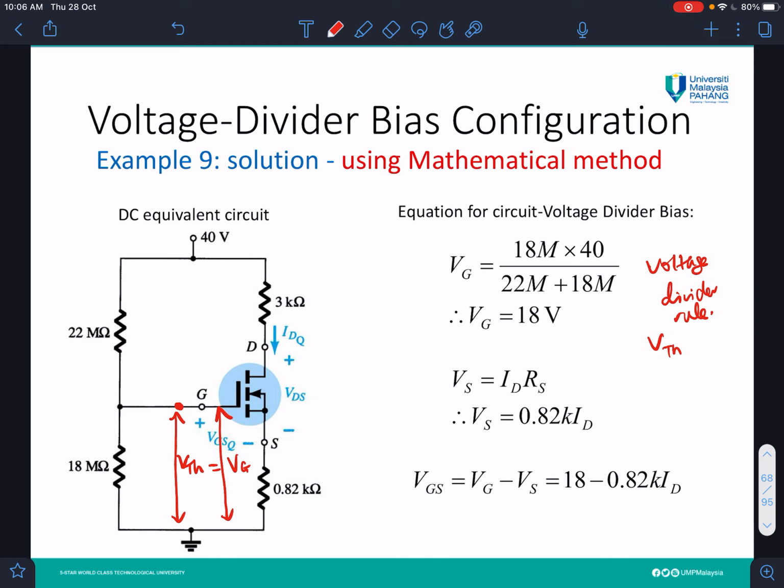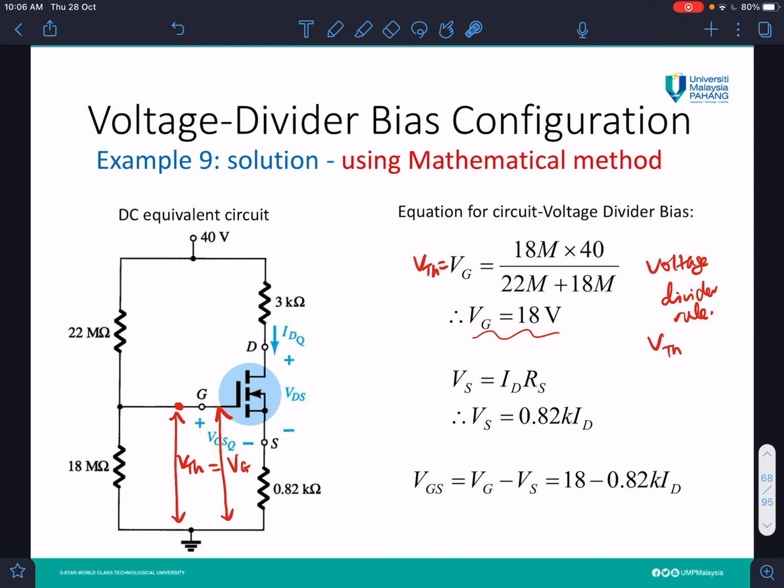VTH stands for the voltage divider, and when we calculate, VG is equal to 18 volt.